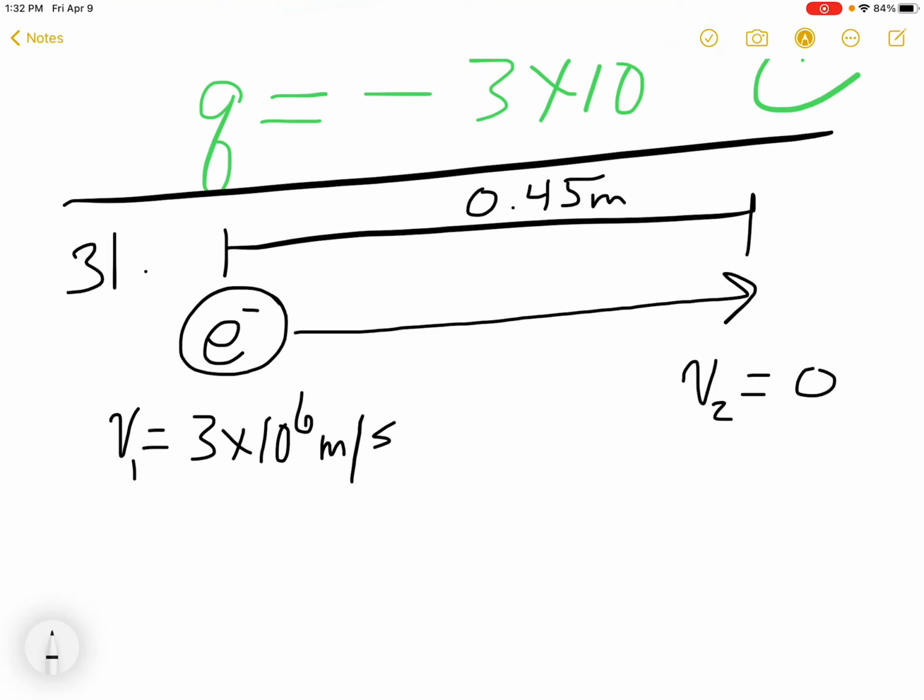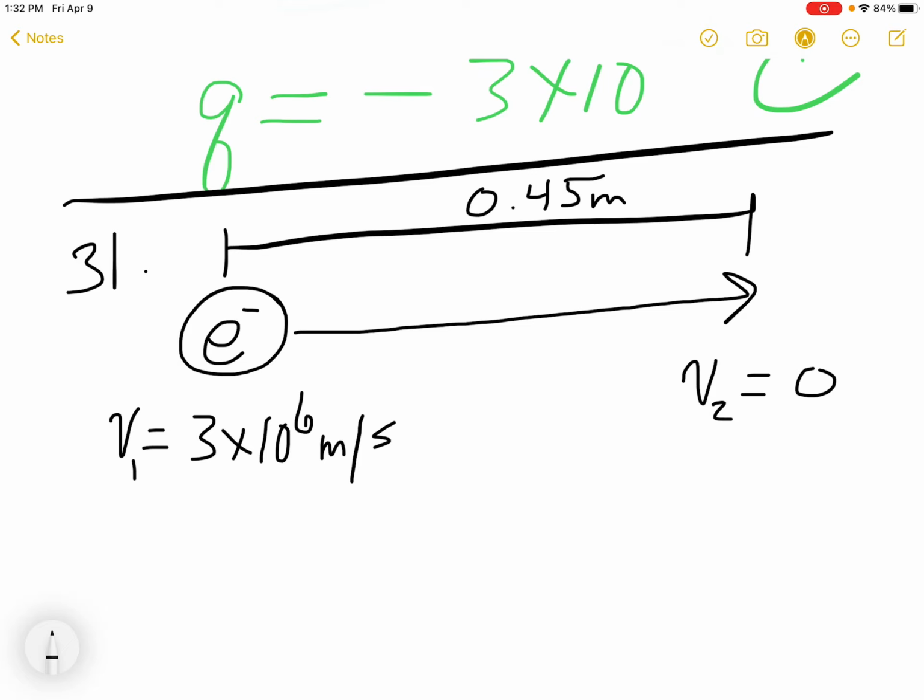An acceleration like this means there must be a force. What force could there be? Well, it says it's doing this in a uniform electric field. So let's draw the field. What kind of field would make an electron slow down? If we go back to that other question, remember electrons go against the field.